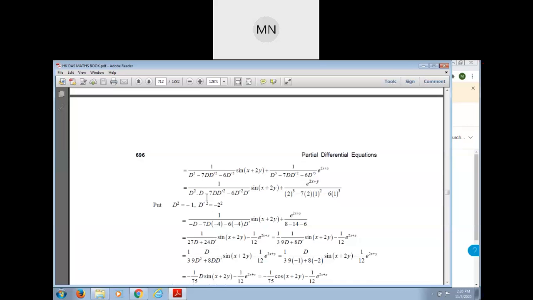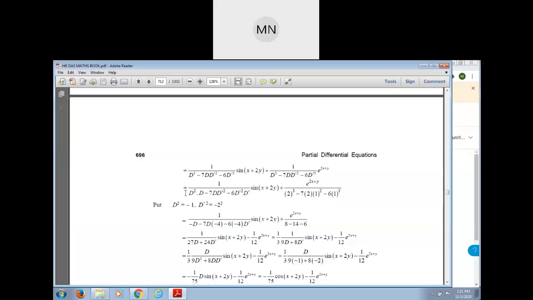We cannot put the value for D cube or D D dash square. So we have to write this value, that is D cube and D dash cube, in the form of D square, D dash square and D dash.